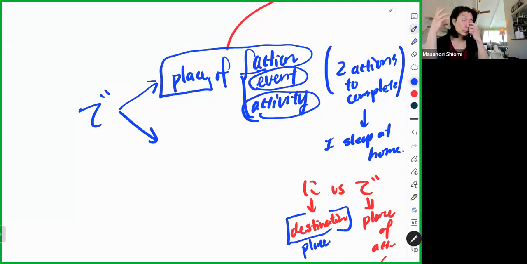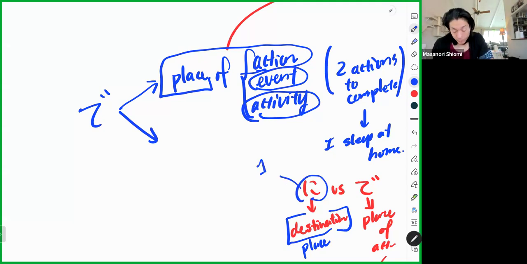Destination is about place, right? I'm biking home as opposed to I'm gonna eat at home. How many actions does it take for you to bike home? Bike home. You reach home, that's it. Completion, right?